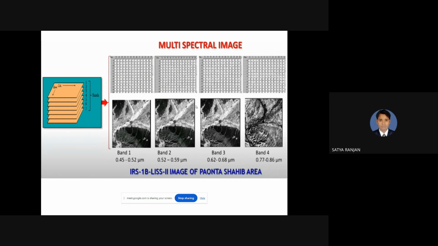Then band 3 is 0.6 to 0.68, and band 4 is 0.7 to 0.86. Here band 4 is the infrared band, band 3 is the red band, and band 2 is the green band. Likewise, all the bands are there.